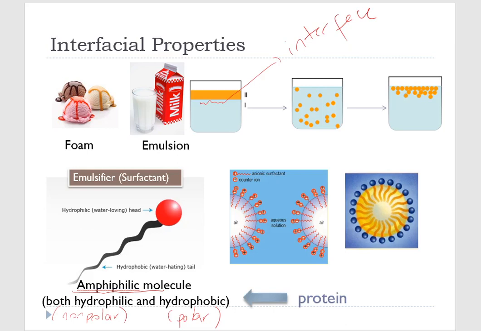So proteins migrate spontaneously to the interface between these two phases. So they reduce the interfacial tension between these two phases. Interfacial tension is the force of attraction between the molecules at the interface of two fluids or two phases. Let's continue.